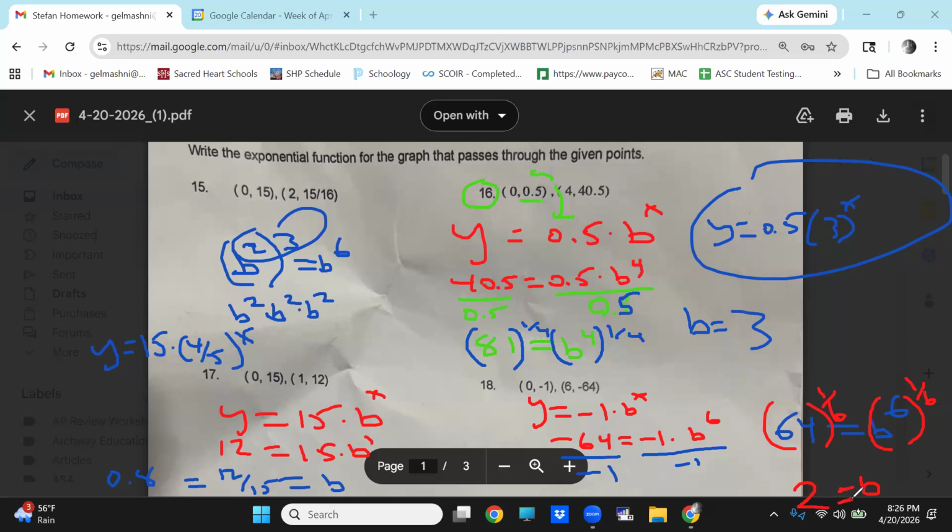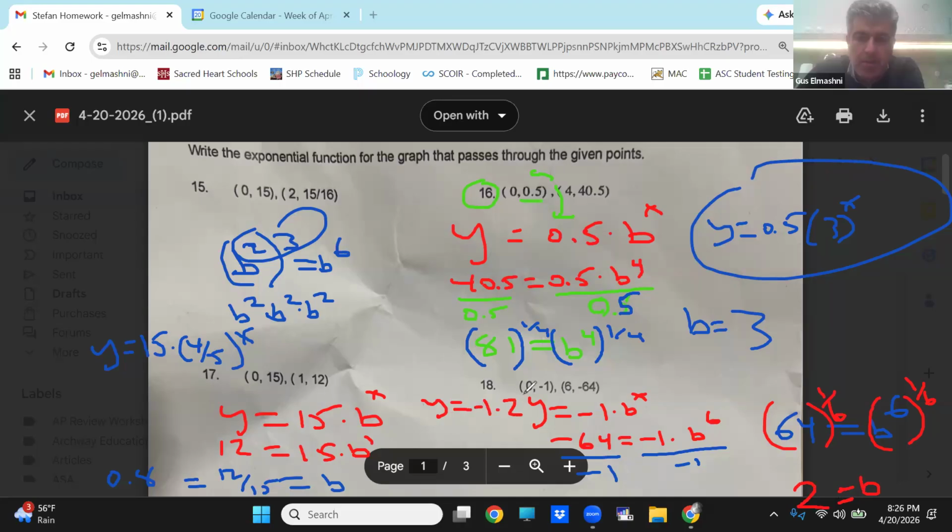I get two. Good. So y equals -1 times 2 to the x power.